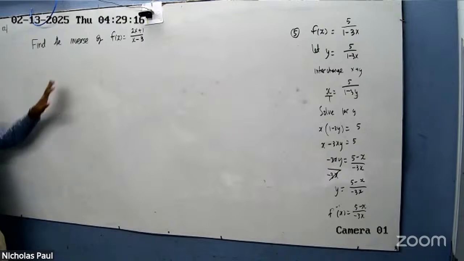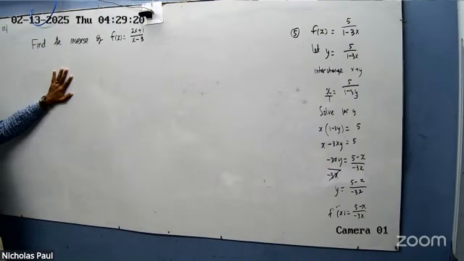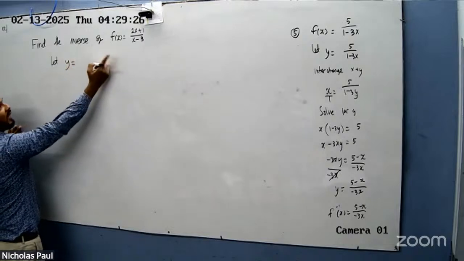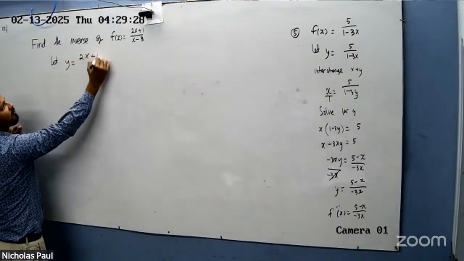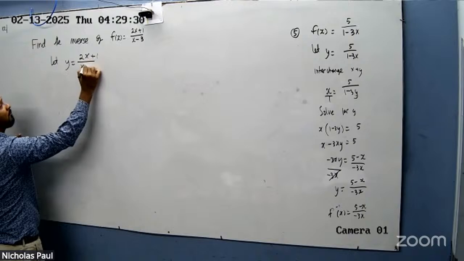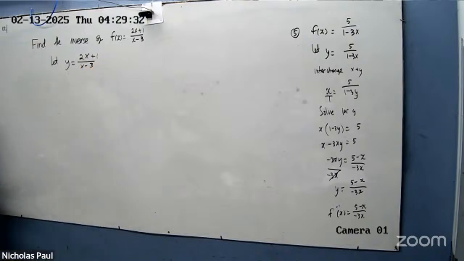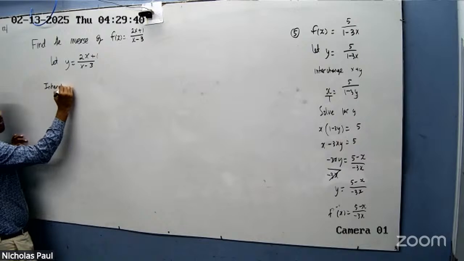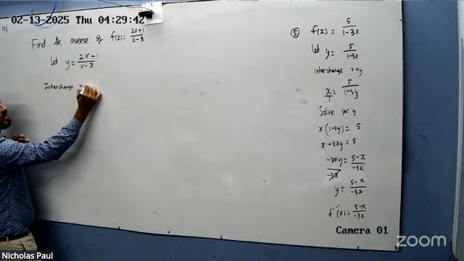Ready? Everybody watch here for this one. I will do this one first. Step number 1, let y equal to f of x. Next step, interchange x and y.